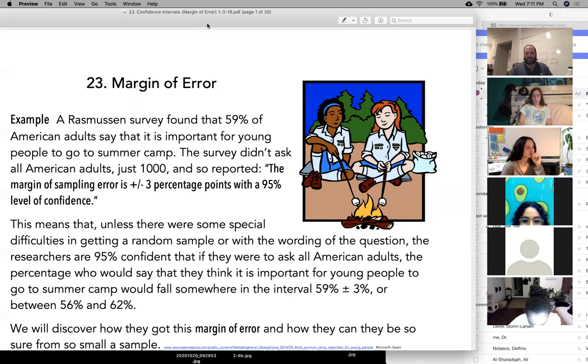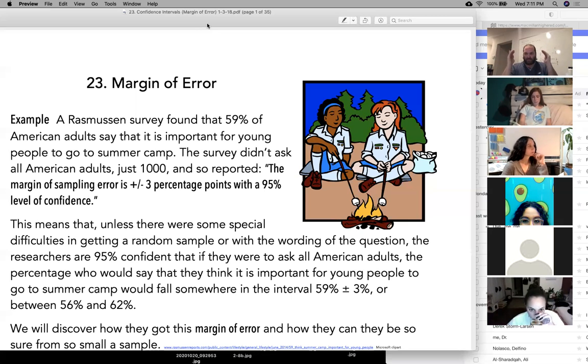So I'm 95% confident between where and where? 56 and 62. You do 59% minus 3%, that gets you to the 56% on the bottom end. And then 59% plus 3%, that gets you to 62%. I am 95% confident that the true value is between 56% and 62%.